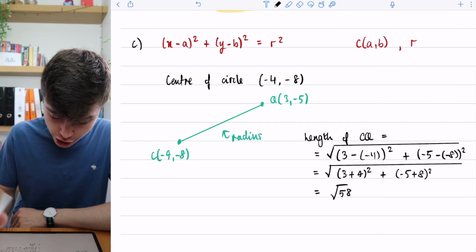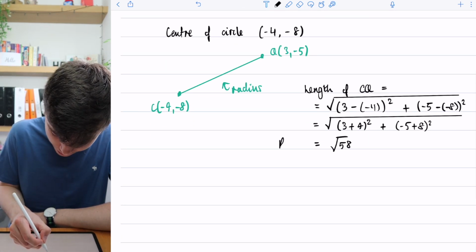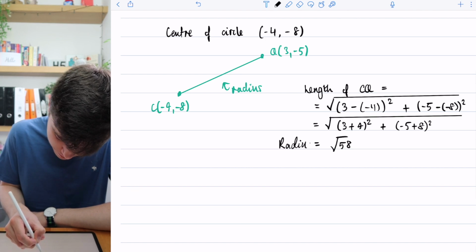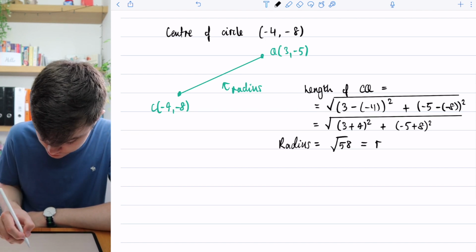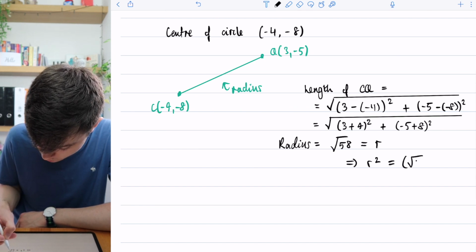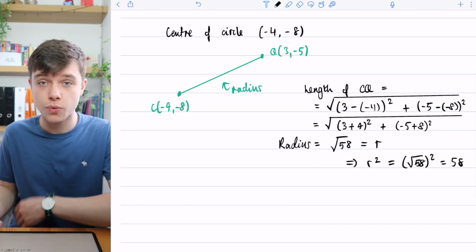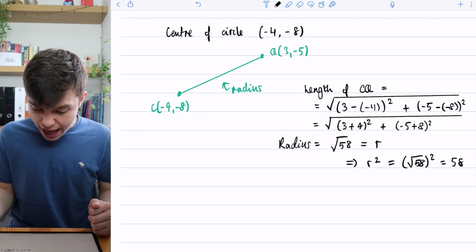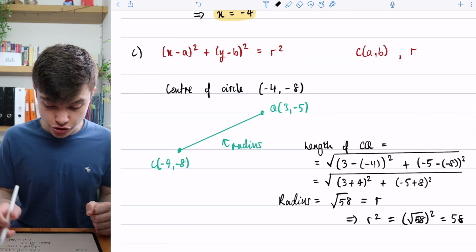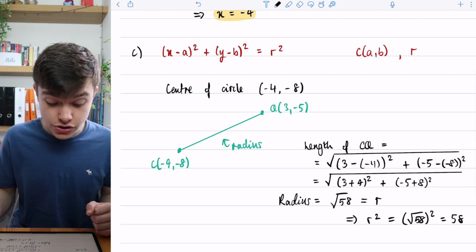So in the equation, we need r squared. We'll call the radius r. So that tells me that r squared is going to be the square root of 58 squared, which is 58. The square root will disappear. And then we've got everything we need to substitute into the general equation of a circle.